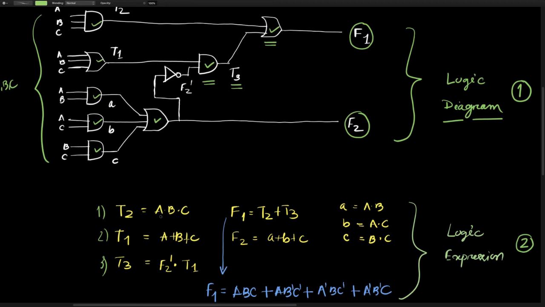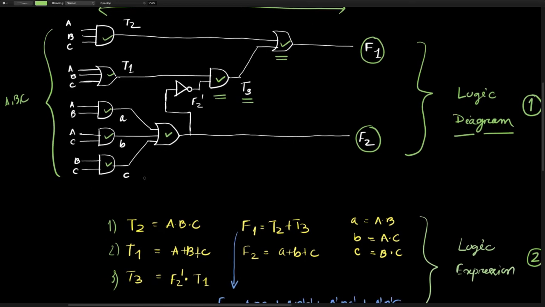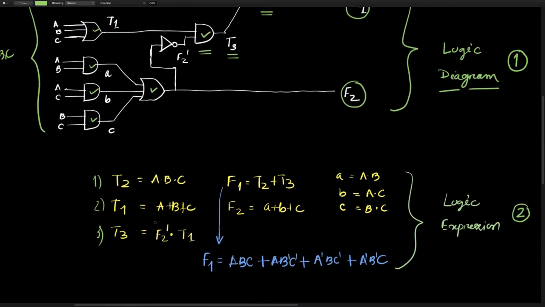T2 here is A, B, C ANDed together. This is T2, the AND operation of all 3 inputs, and accordingly you define all the inputs and find the expressions for them.